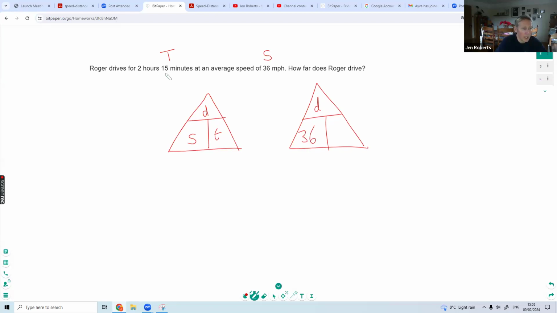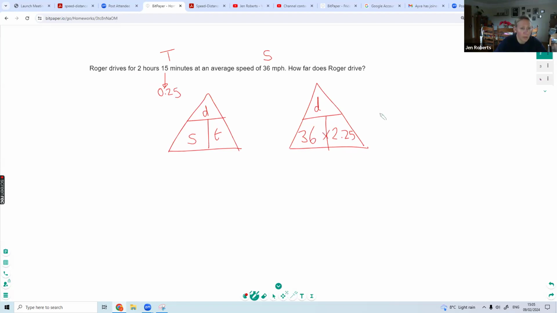Don't forget, we've got 2 hours, 15 minutes. We need to change this all into a decimal hour. 15 divided by 60 is 0.25. The 2 is already in hours, isn't it? So 2 hours add 0.25 gives us 2.25. Now, what do we do when our numbers are next to each other in this speed, distance, time triangle?